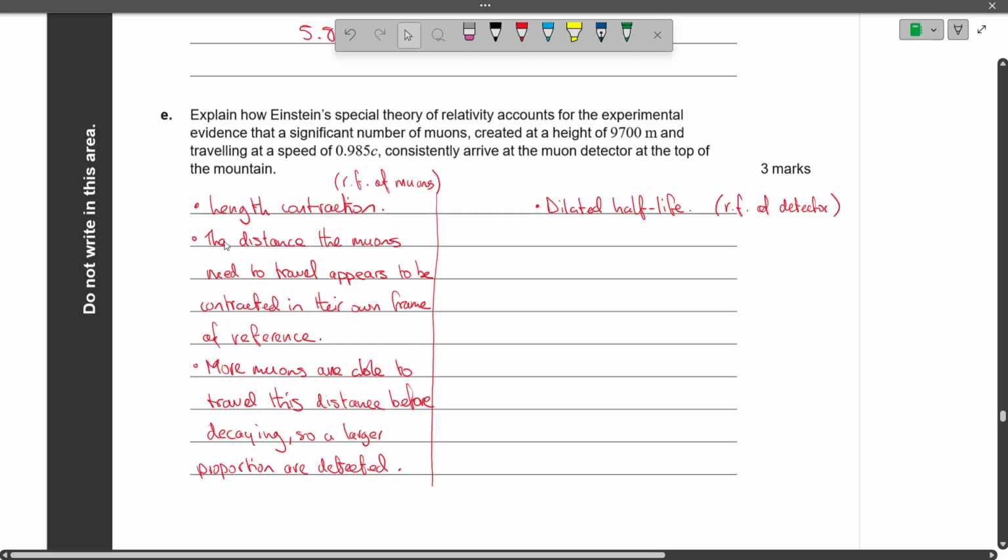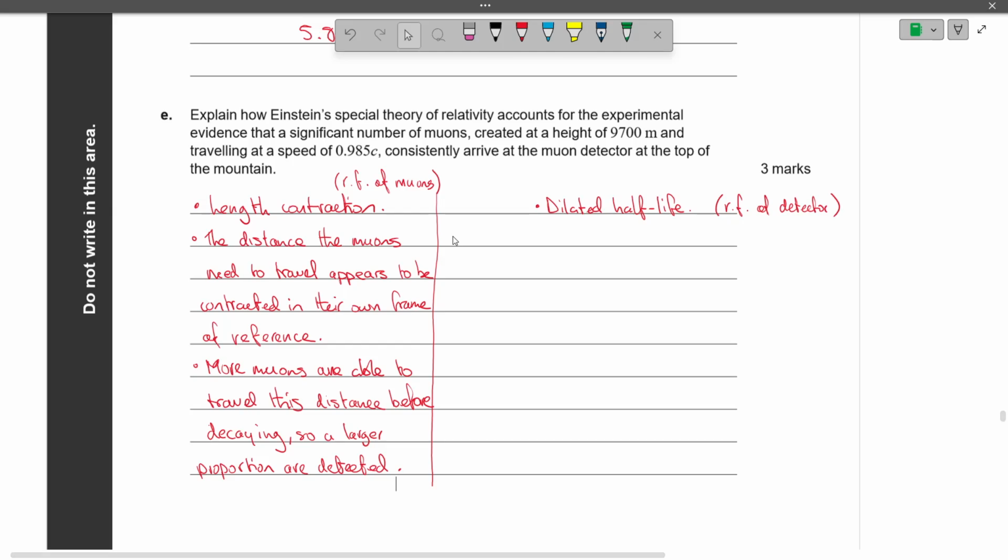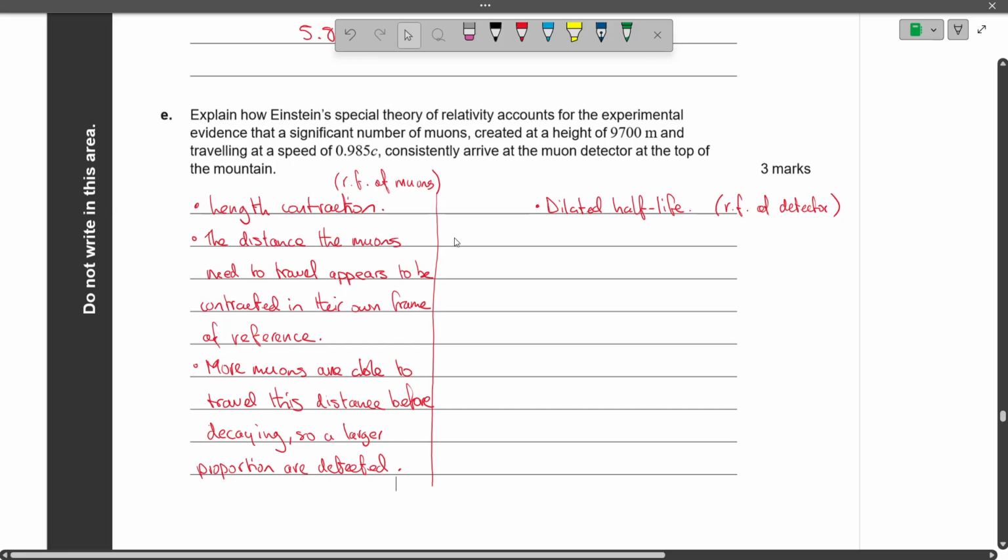But yeah, the main thing is that according to the muons, the distance they have to travel is shorter. Therefore, they're able to travel that distance before they decay. That's it, okay? If you want to do the other response, the dilated half-life, you can say that according to the scientists, the muons have a longer half-life, meaning they're able to cover that distance before they decay. So it's pretty much the same, like this dot point here would be the same for both types of response.